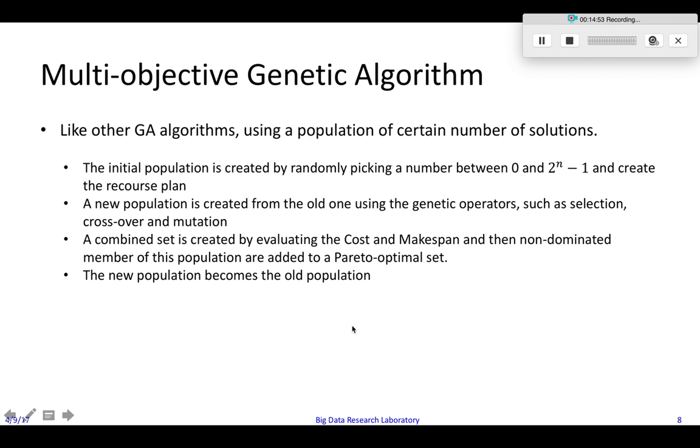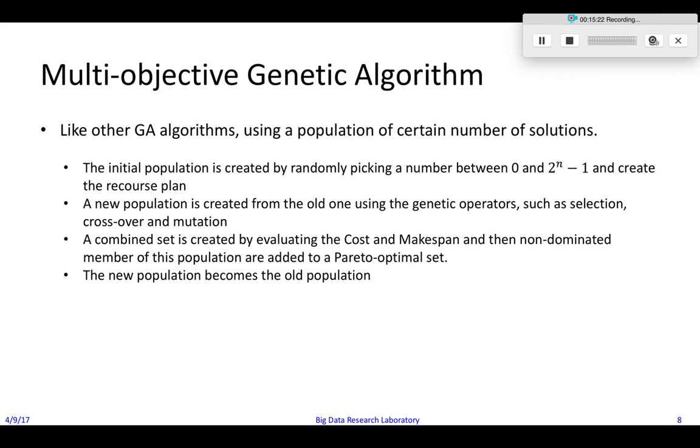Let's move on to the multi-objective genetic algorithm. This algorithm is very similar to other genetic algorithms. It uses a population of a certain number of solutions, and the first thing is to have the initial population. How do we get the initial population? Each member of the population is expressed as a resource plan.